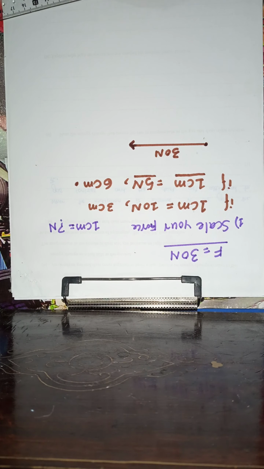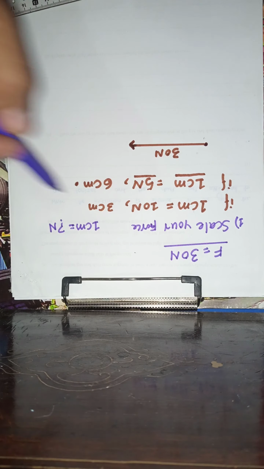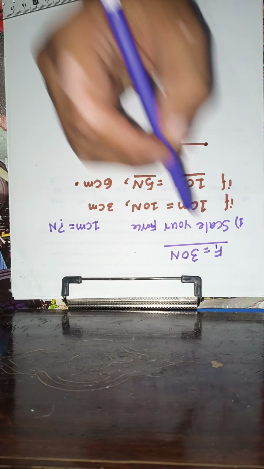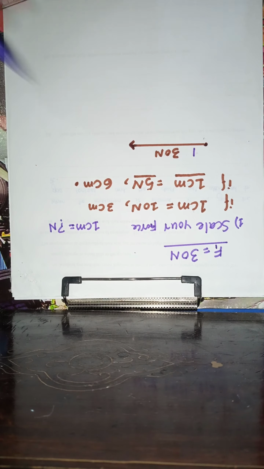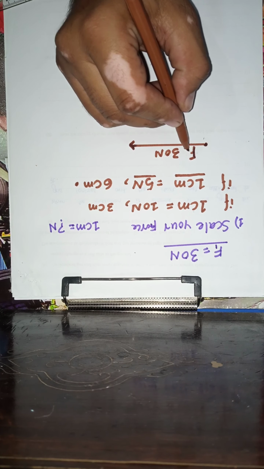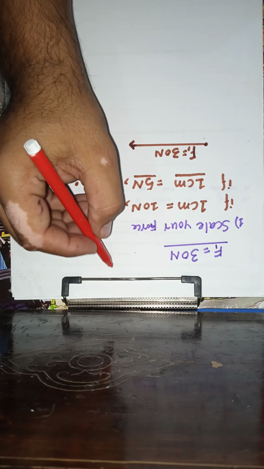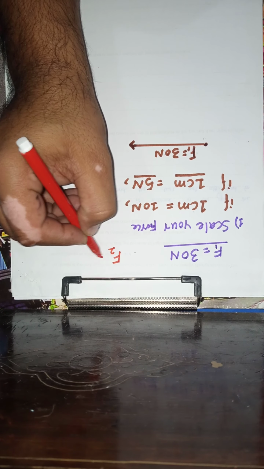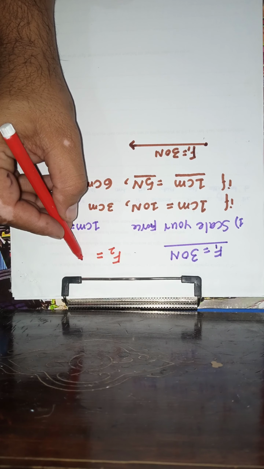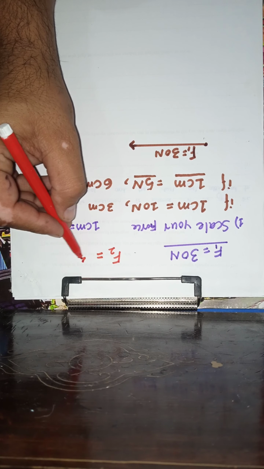Now if I have another force, this was your F1, so I have drawn F1 over here. F1 was equal to 30 Newton. Now suppose I have another force, F2, and let's say that force is 50 Newton.